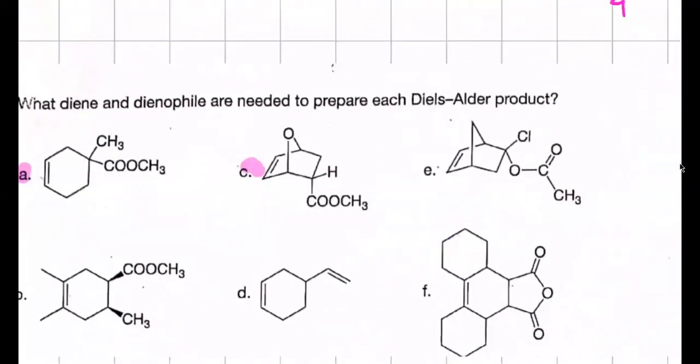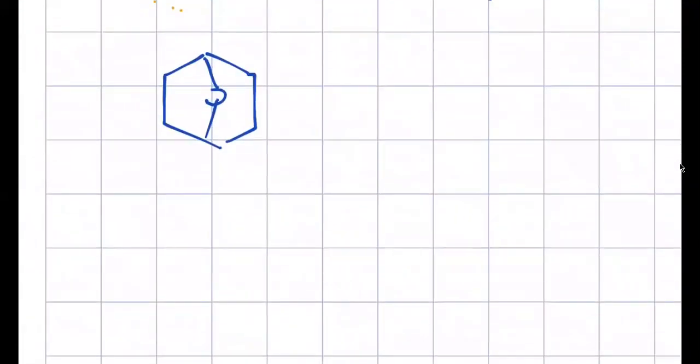So that's that. All right, that's on the dash line, not a wedge, even though my wedge looks crappy. All right, what would you do? Where are you going to start? Start with the alkene.